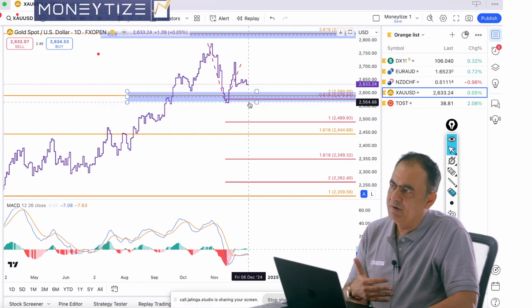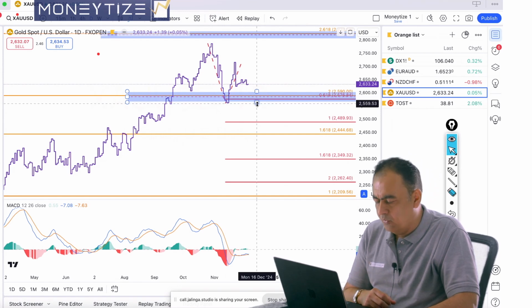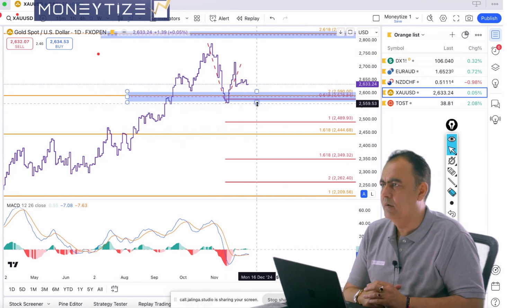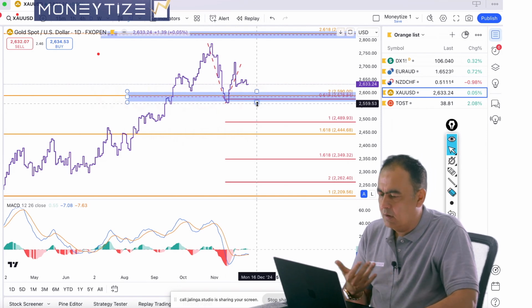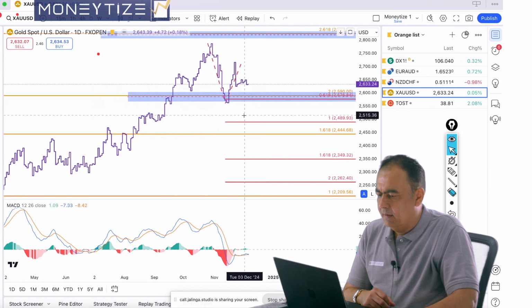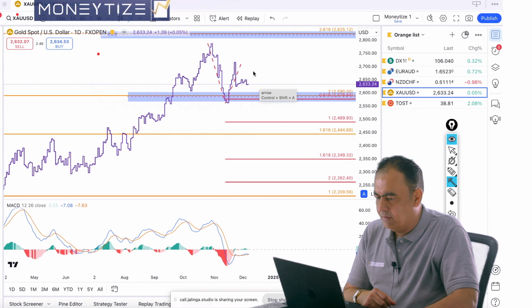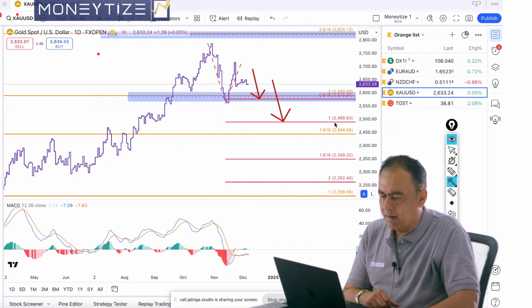Now if the bearish momentum continues, which is most likely anticipated because the dollar is bullish on the higher time frame, only in the shorter run the dollar is expected to correct. So most likely if gold continues its bearish correction, then it should reach Fib extension 100, that is the price level of 2489, and at the moment it is consolidating, it's running flat here.